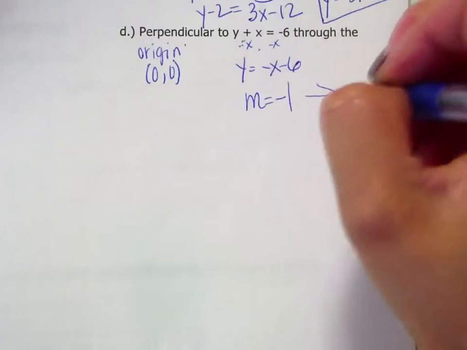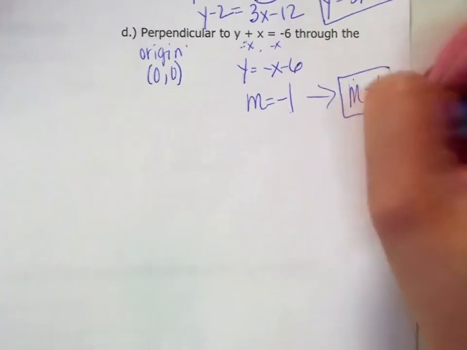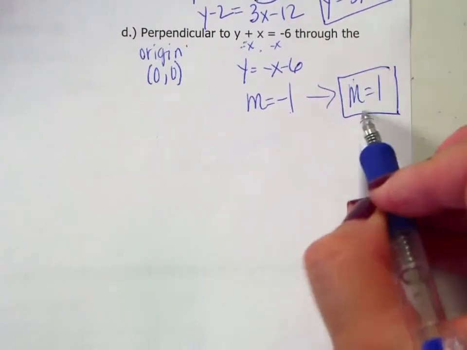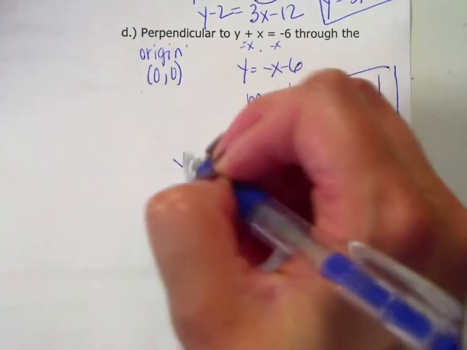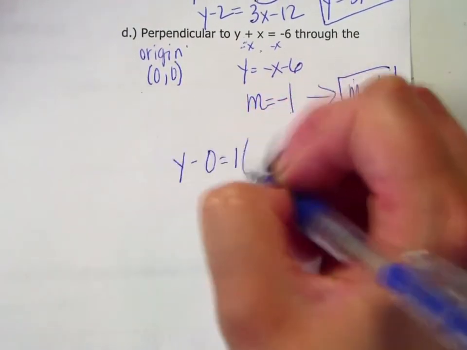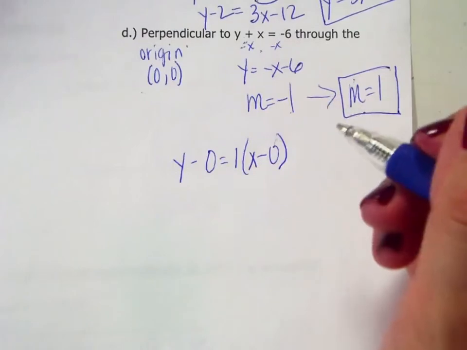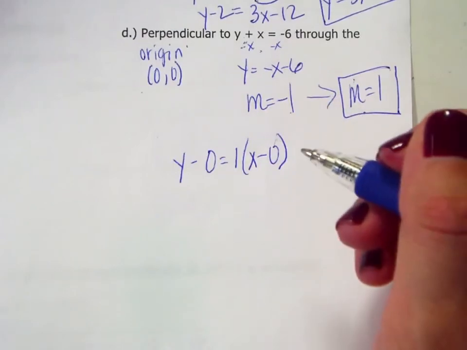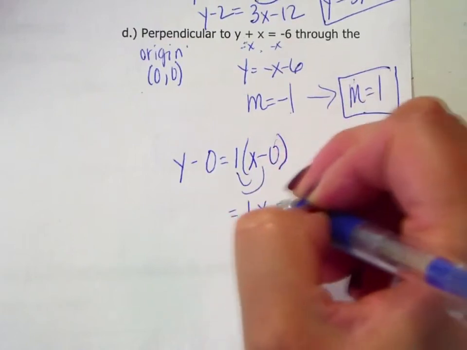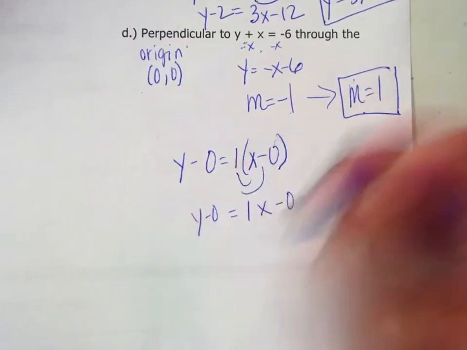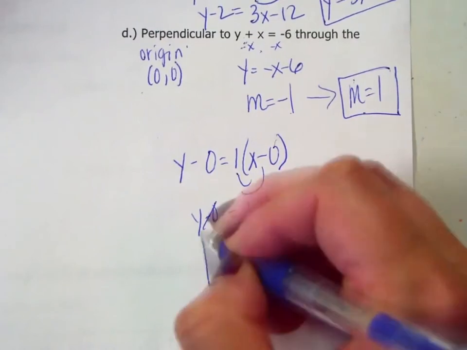The opposite reciprocal would be +1. So we are going to use a slope of +1 through the point 0, 0. I can distribute that 1. No need to really add a 0, so I basically end up with y equals x.